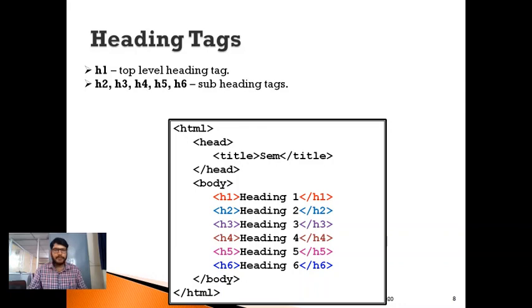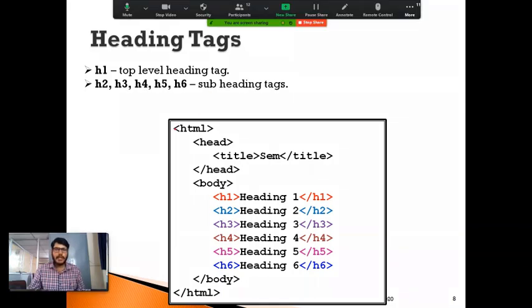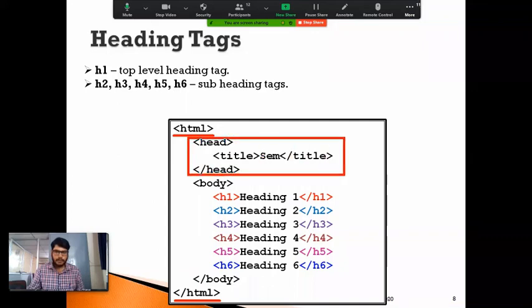Similarly, here we need to write the HTML opening tag, and similarly this is the HTML closing tag. HTML contains a heading portion, as you can see here, and the body portion.